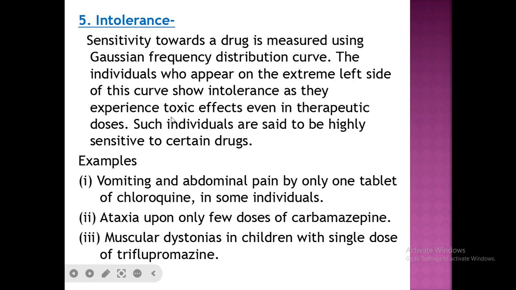Then fifth type is intolerance. Sensitivity towards a drug is measured using Gaussian frequency distribution curve. The individuals who appear on the extreme left side of this curve show intolerance as they experience toxic effects even in the therapeutic doses. Such individuals are said to be highly sensitive to certain drugs.